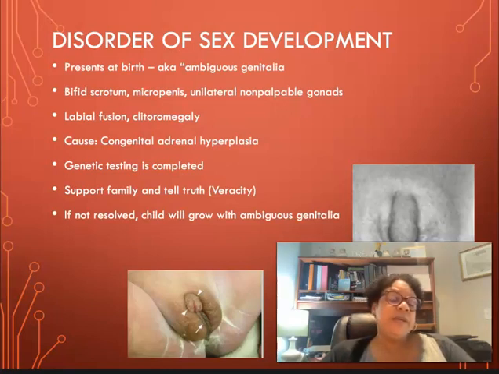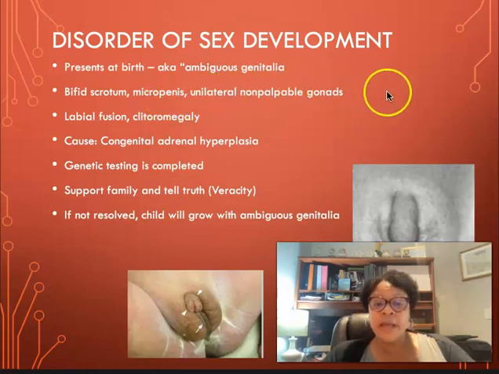So, the baby presents at birth with ambiguous genitalia, and it's very hard for the family to hear that. Some of the common things we see are bifid scrotums. They usually do have a micropenis. They have unilateral gonads or testes.